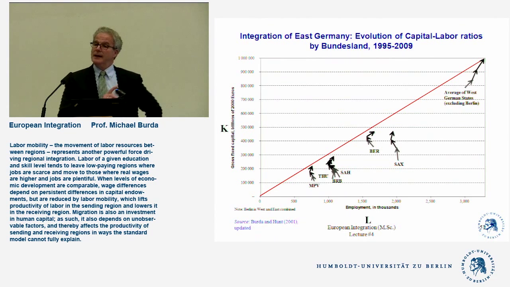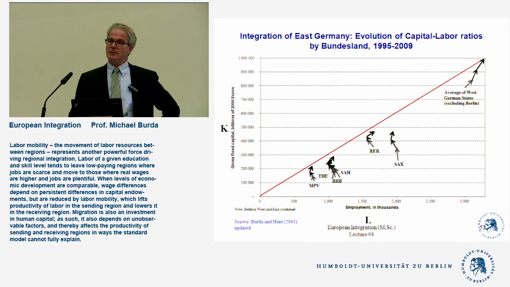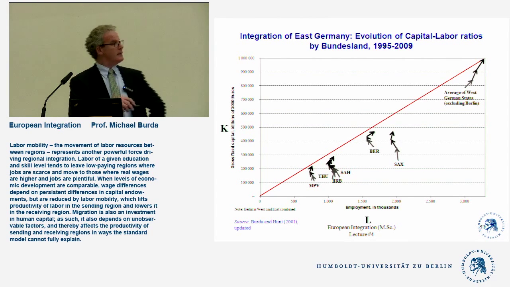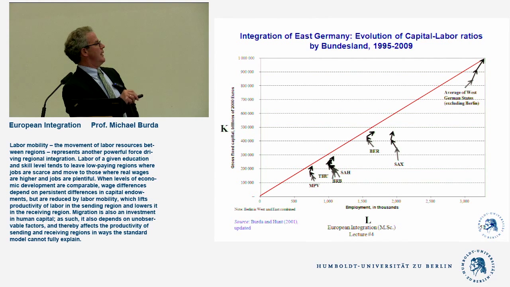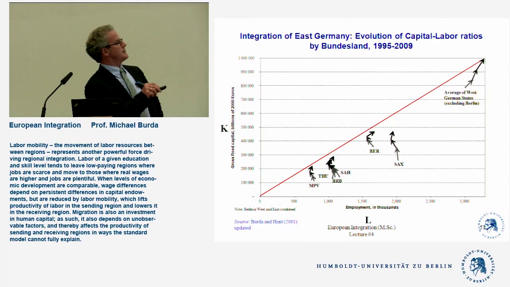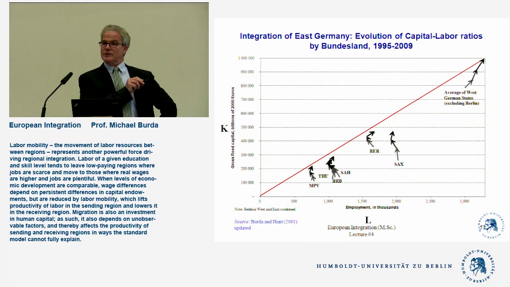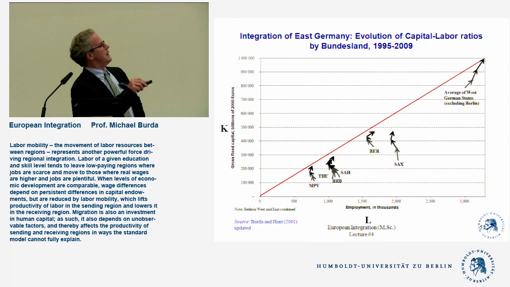Okay, so here's the Edgeworth analysis, or the Edgeworth box for Eastern German states. Each one of those dots represents a state. So MPV is Mecklenburg-Vorpommern, Thuringia, Brandenburg, Sachsen-Anhalt, Berlin, Saxony, and this is the average of all of West Germany. Obviously, there are more people in West Germany.